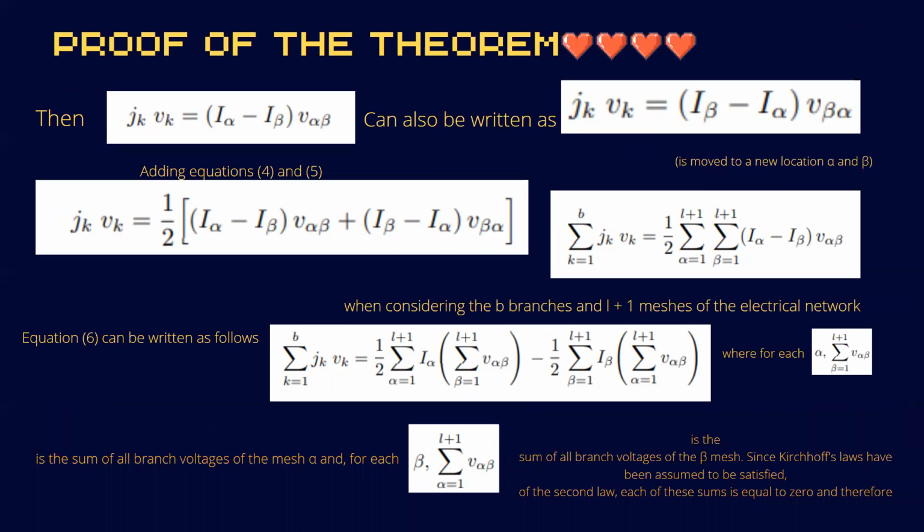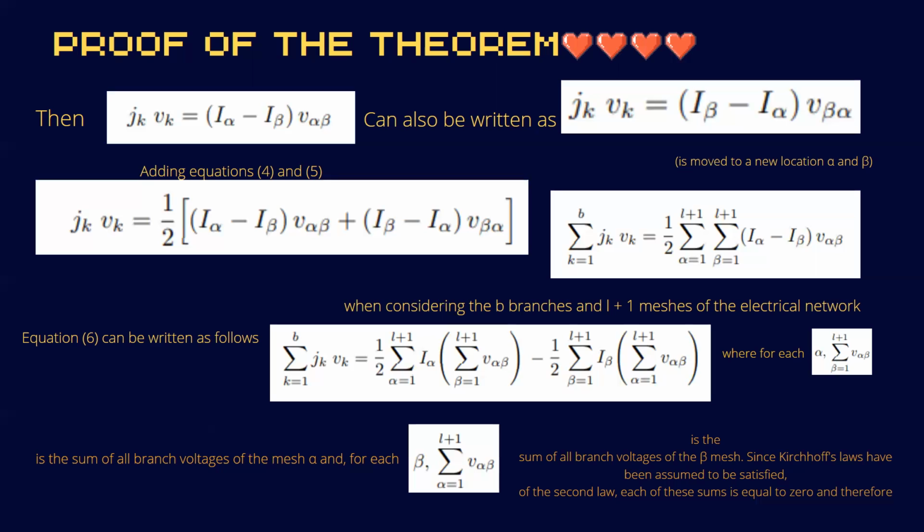Then Jk Vk is equal to (IA minus IB) times VAB, which can also be written as equation 5. Adding equations 4 and 5, can you see the difference?